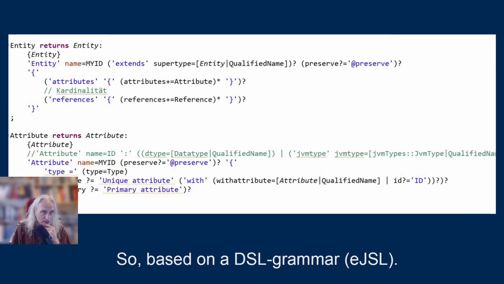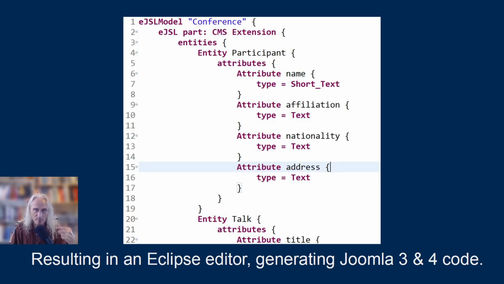So they defined a grammar for their modeling language. EGSL was that called, the modeling language, and you could input your stuff into a model, and from that Joomla 3 and 4 was generated.